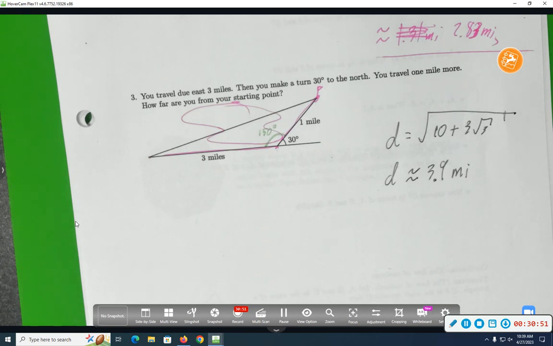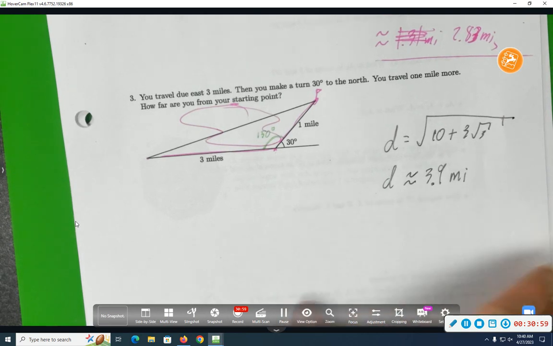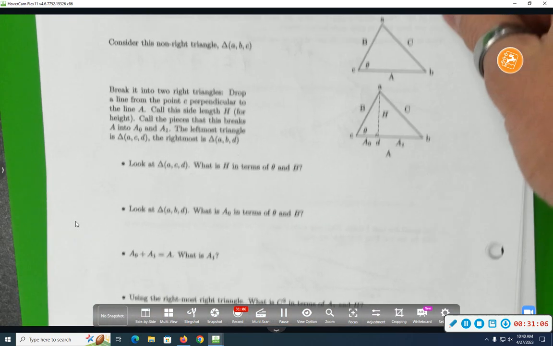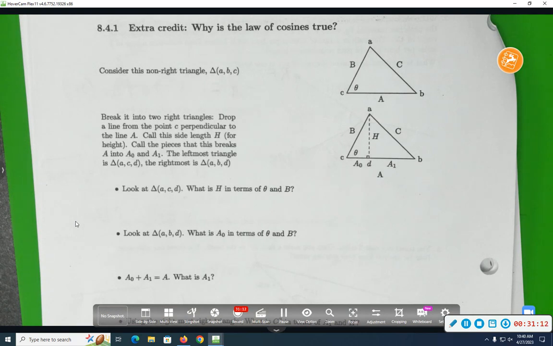And before I start in on this next packet, because we'll make some headway in it, I want to advertise that there's a ton of extra credit in this packet. So even on this next page, we wrote down this formula that is the law of cosines. I didn't give you any reason to believe that it's true. The reason it's true isn't deep.